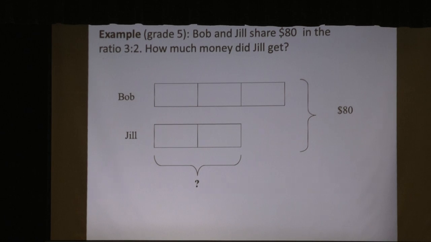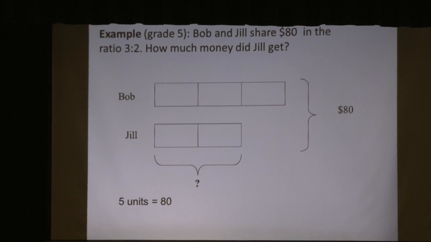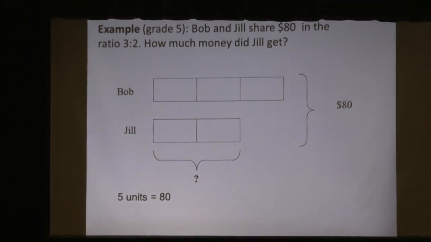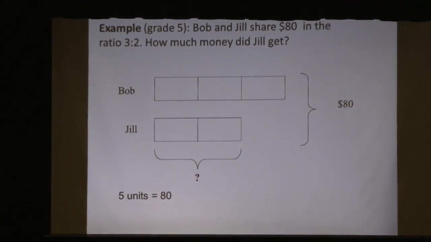So if I think about this idea of unit sentences, and I realize I'm going fast, it starts with 5 units equals 80. Agreed? And at this point, if I taught them mental math, I might say, there's a trick for dividing by 5. You divide by 10 and you double the answer. Why does that work?